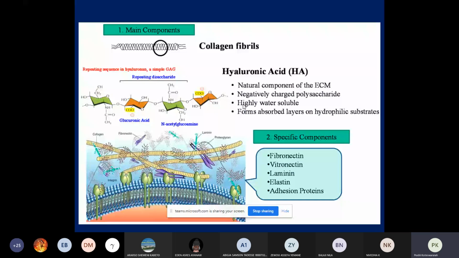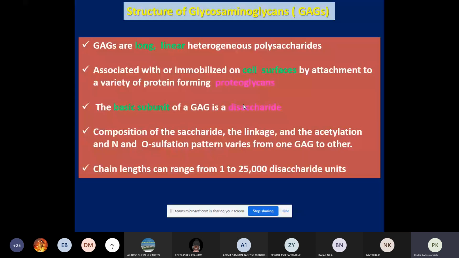Glycosaminoglycans are very long linear polymers, and they are polymers of repeating disaccharide units. This point you need to remember. They are the polymers of repeating disaccharide units, and these glycosaminoglycans can hold a large volume of water.